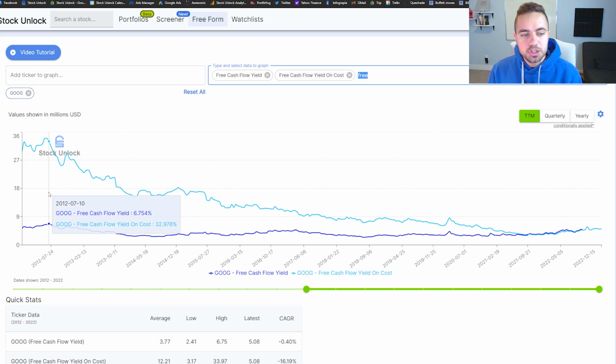So now all of the shares purchased in 2012 have a free cash flow yield of nearly 33% on cost, because the price I paid for Google back in 2012 has not changed at all. But what has changed is the amount of free cash flow that Google can generate. And since Google now generates more free cash flow, I have a higher free cash flow yield on my cost, which has provided an absolutely massive margin of safety for anyone who purchased Google shares back in 2012.